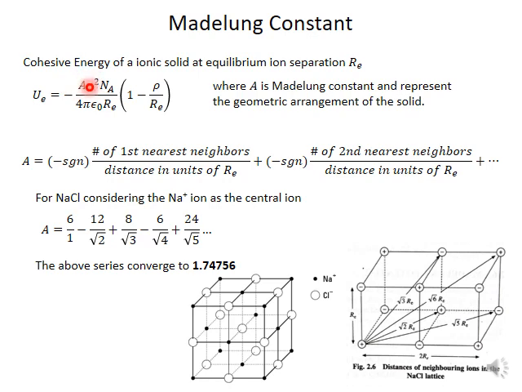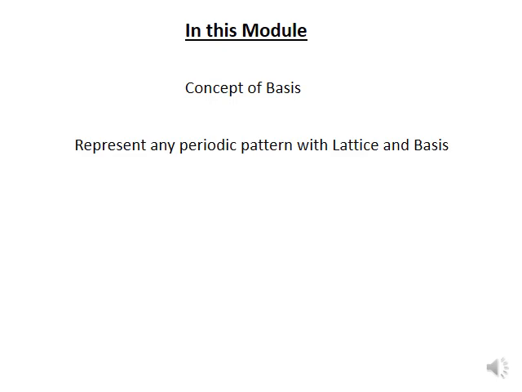And so basically, this is the geometrical factor which goes into the cohesive energy, which you already used in one of your assignments previously. So in this module, just to summarize what we covered, we started with the concept of bases. How do we define bases, and how can we represent any periodic structure with the help of bases and lattice.